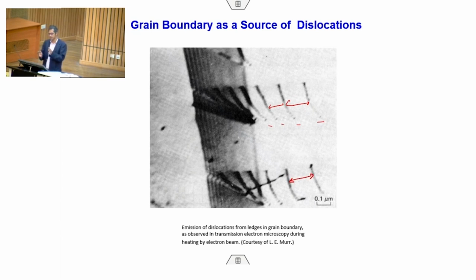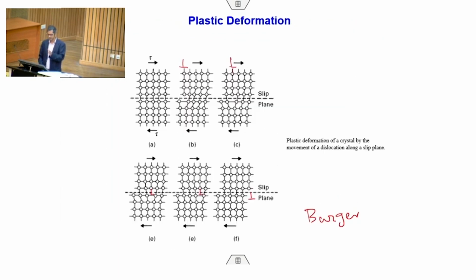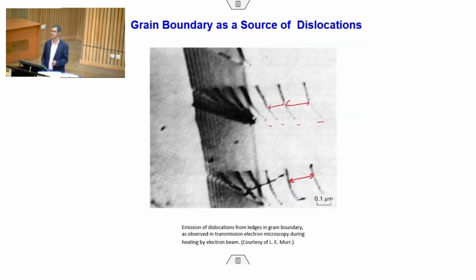There is an extra row of atoms, as you have seen here, and this portion is bent actually. You can clearly see atoms are bent here, extended here in this design. Because of this nature, there will be a lot of strain. Now, strain means there will be a stress field around it, and the stress field will not allow two dislocations to come as close as possible.